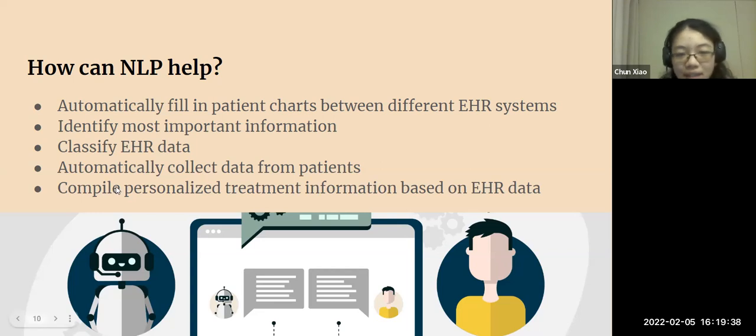And next, it can automatically collect data from patients. So if a patient comes in to a doctor with a certain complaint, they don't have to actually go to a clinic or talk to the physician themselves before their actual appointment.